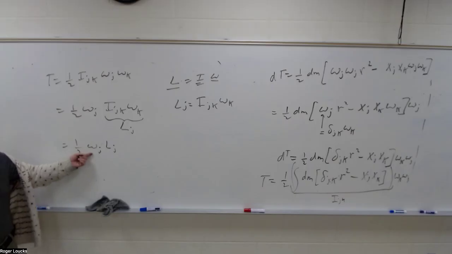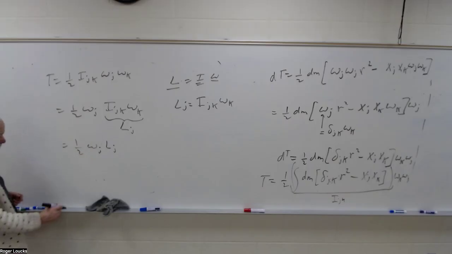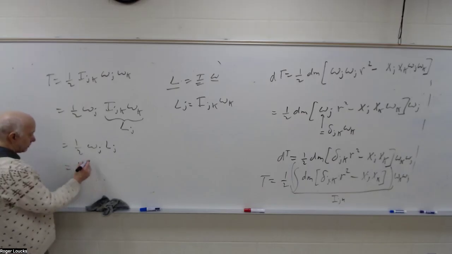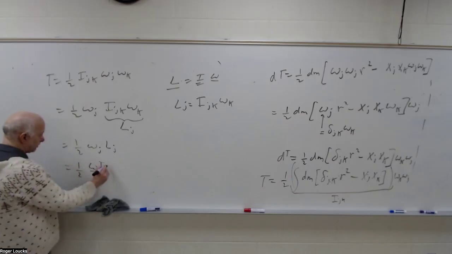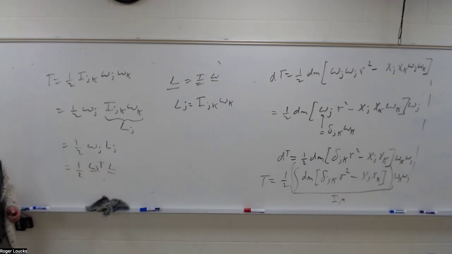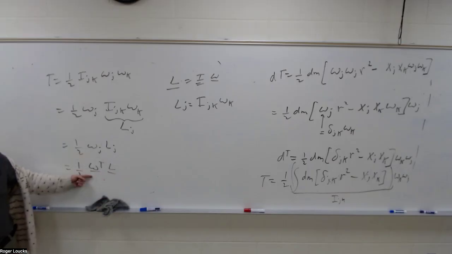But as a matrix, this is the dot product. How can I write this as a matrix? I could write this as omega transpose times L. This is the same as this, as matrices. That makes sense?